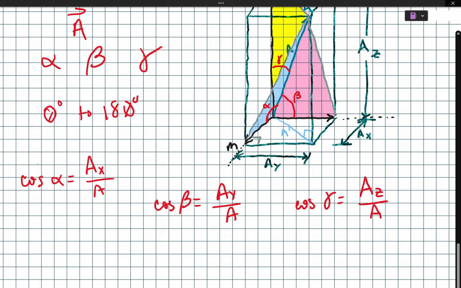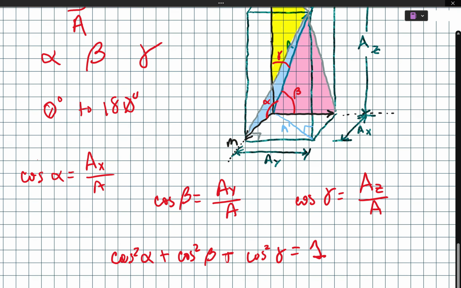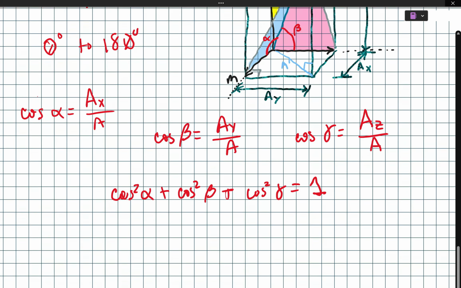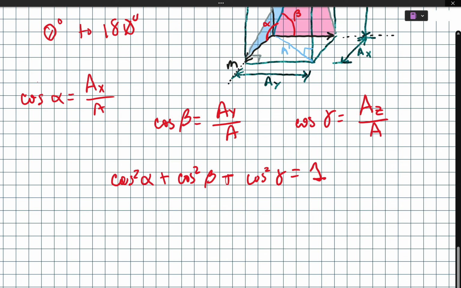They have to satisfy the following equation: cosine squared alpha plus cosine squared beta plus cosine squared gamma is equal to 1. We can actually derive this result from the definition of the coordinate direction angles and the unit vector.